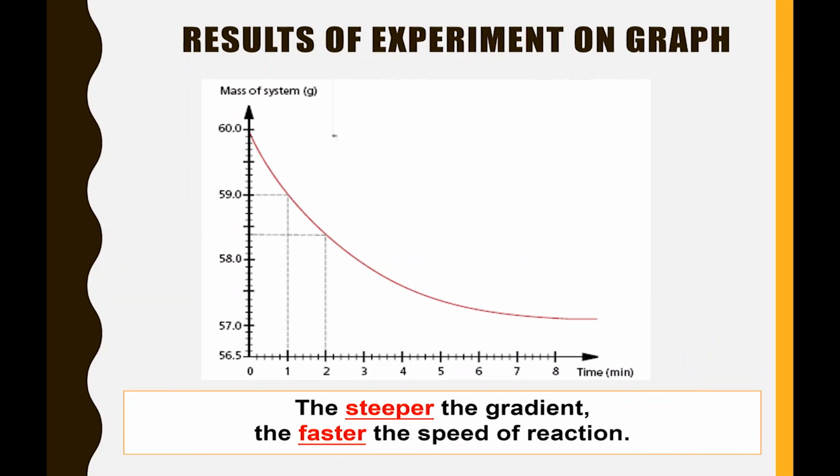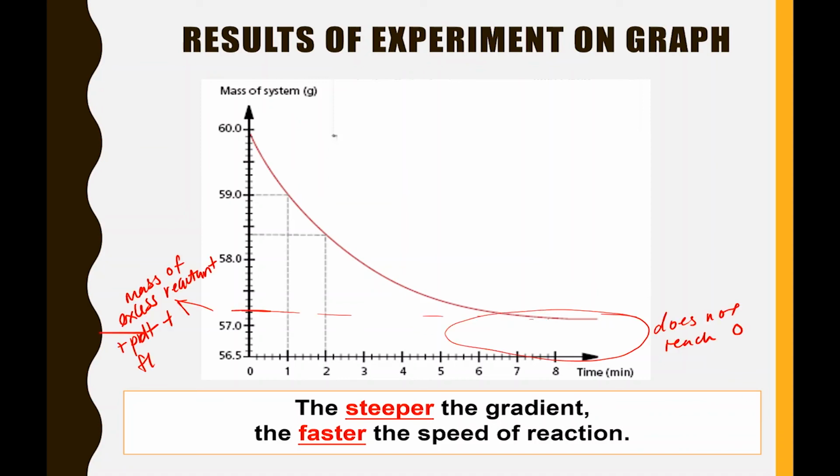So the mass is decreasing, and please take note that it will never reach zero, because at this point, this is the mass of the excess reactant plus product plus the flask plus everything else.